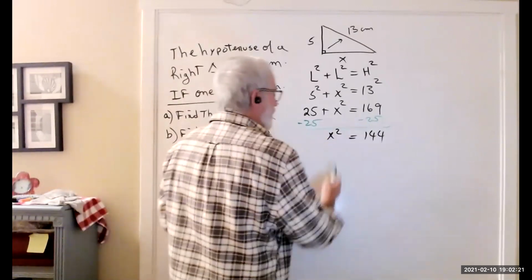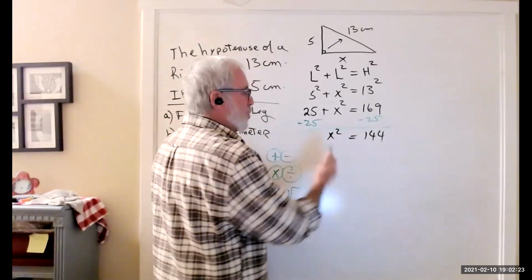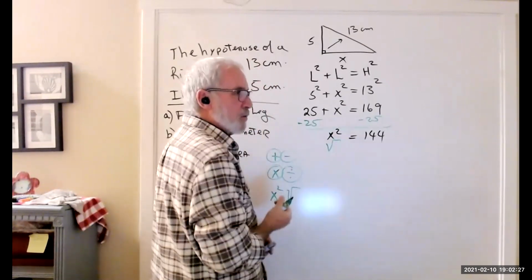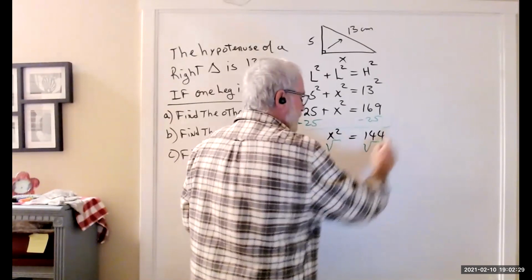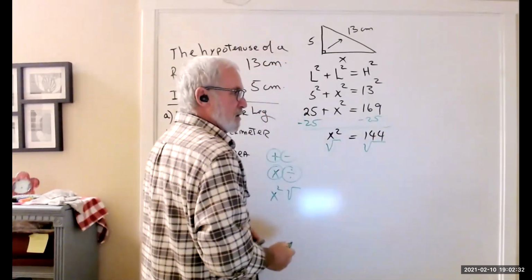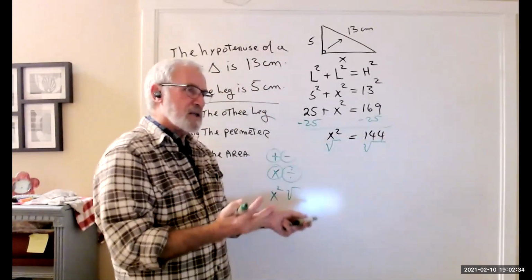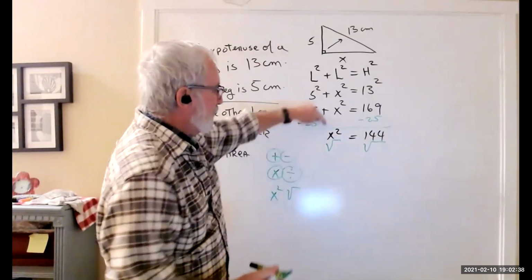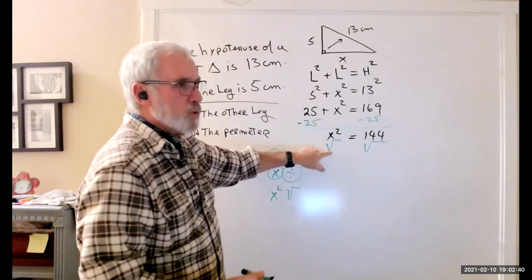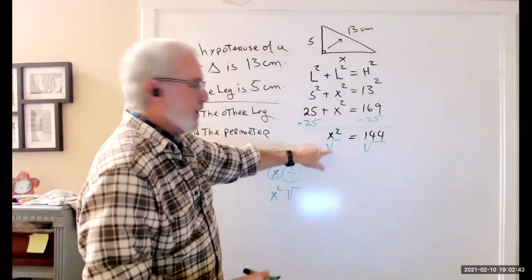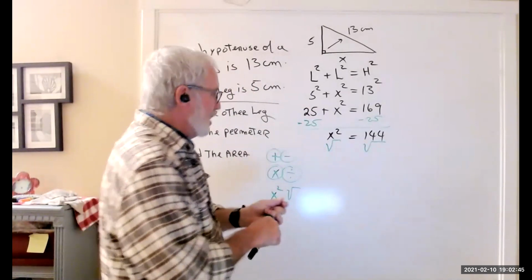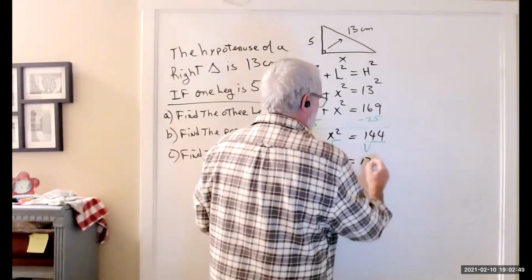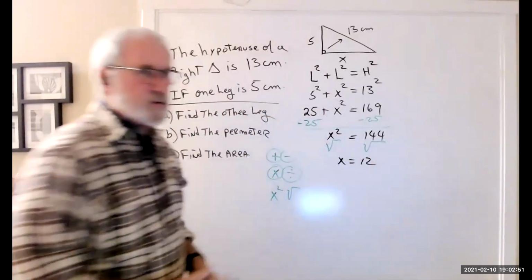But if you have x squared and you want to cancel the square power, you square root this side, and you square root this side. Again, we're doing the same thing to both sides of the equation. So I get x is, use your calculator, or many of you already know that the answer is 12.